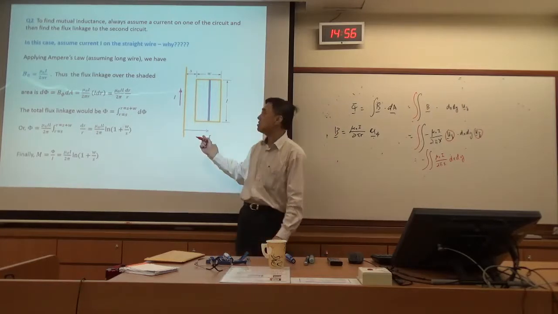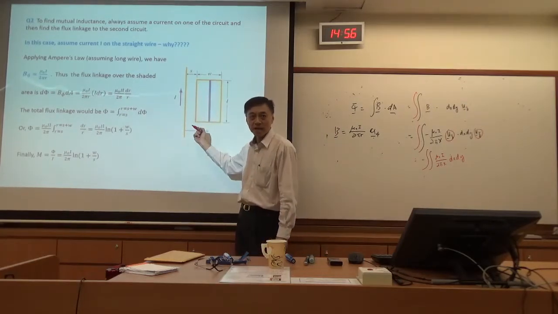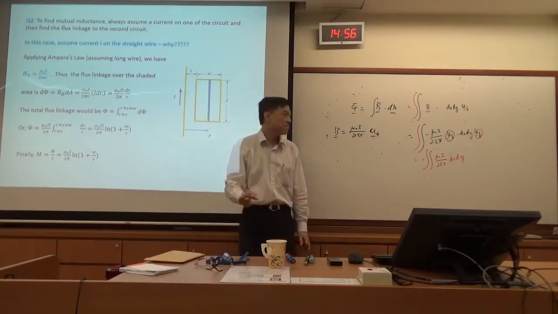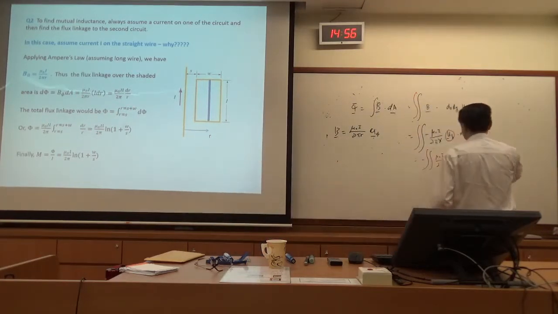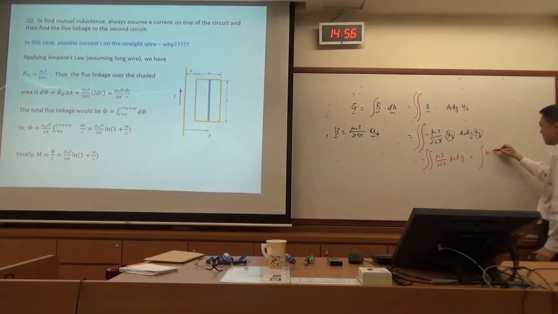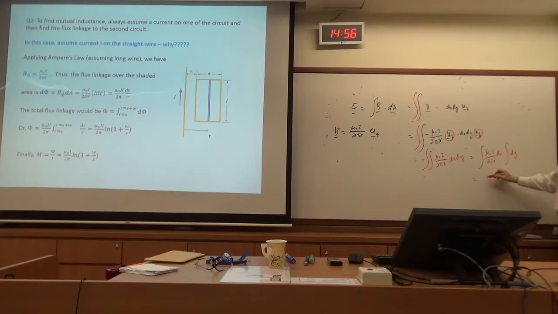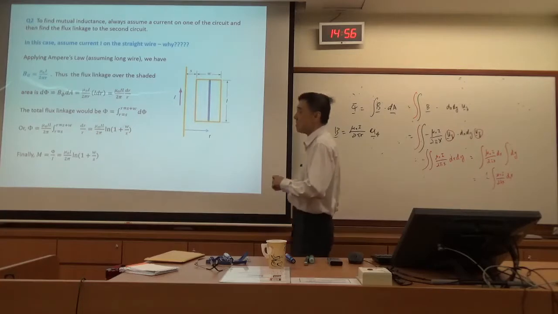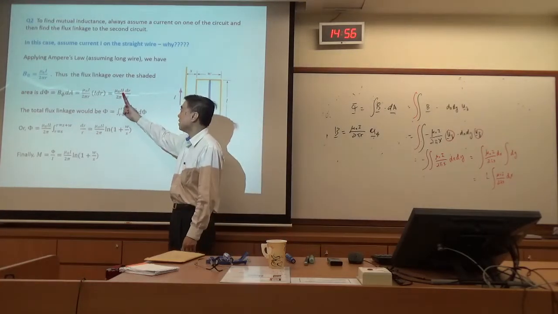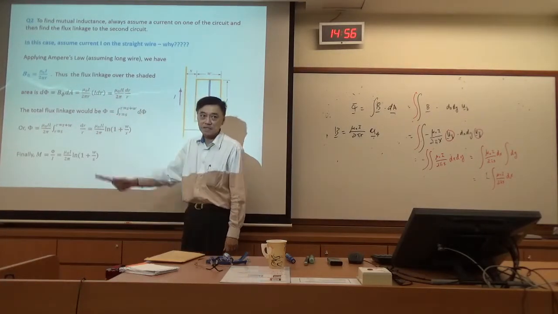Therefore, you can write it as mu naught I over 2 pi x dx times the integral of dy, and this becomes L. So now it becomes mu naught I L over 2 pi x dx.